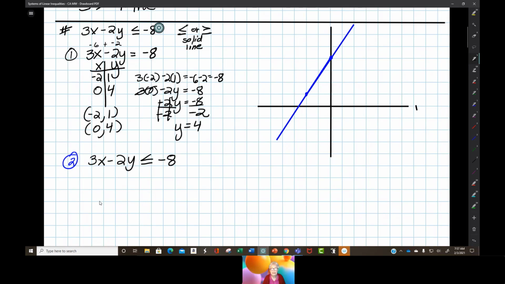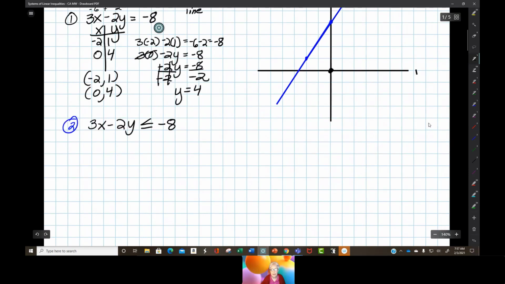I need to choose a test point, which can be any point not on the line. Well, my favorite point to choose as a test point is 0, 0, because then x is 0 and y is 0. So I'm going to do that. That's going to be my test point right here.